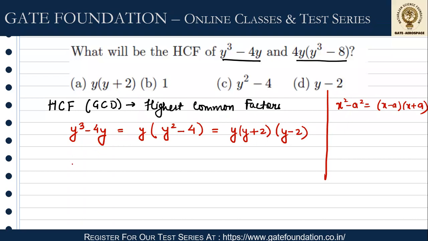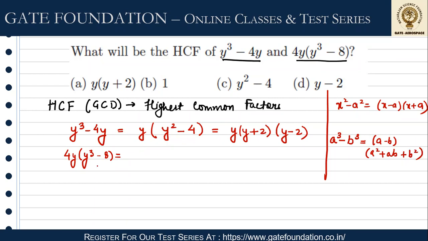The next term that I'll take is 4y into (y cube minus 8). In this case, y is already common, so I cannot take y common. But yes, this factor I need to divide. How will I be dividing this? Yes, that's correct. a cube minus b cube is nothing but (a minus b) into (a square plus ab plus b square).